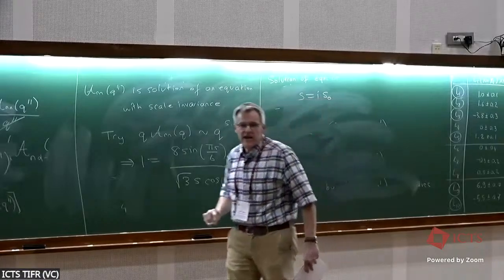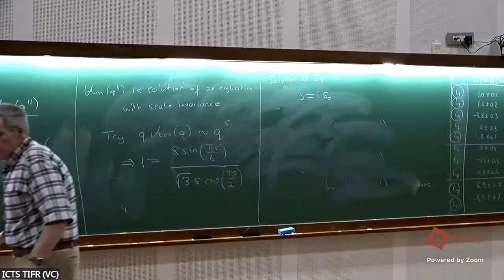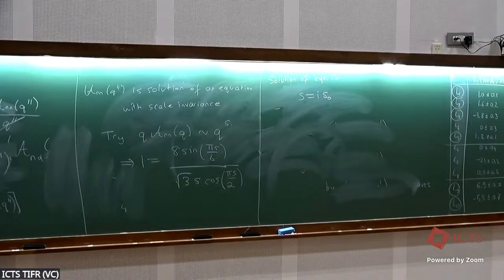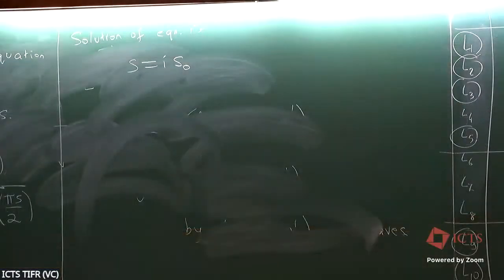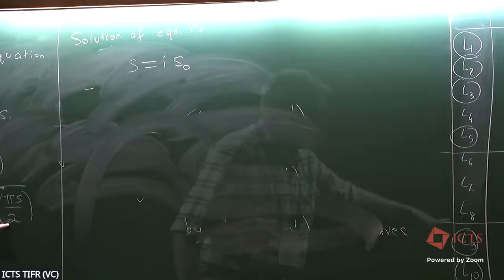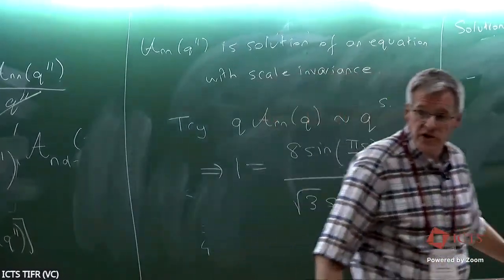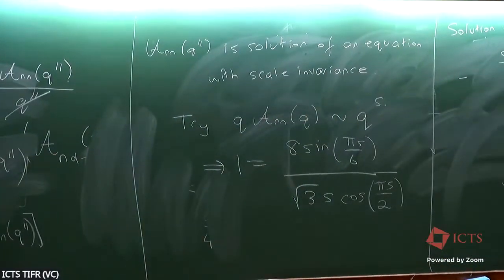So why is that interesting? Well, solutions to this equation come in pairs. If S is a solution, then minus S is also a solution. You can see that fairly quickly because sine is odd in S, this is odd in S, and cosine is even in S. So if S is real, this is not an issue because you don't want your solution growing as some power of S, because then it won't be normalizable.